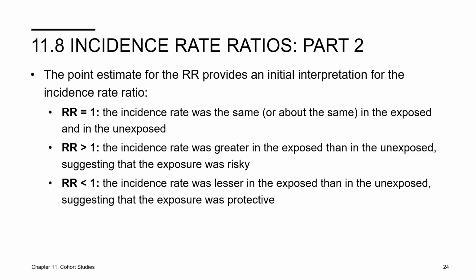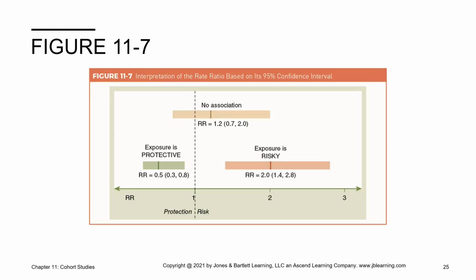If it's greater than 1, then there is a difference and the risk is greater in the exposed compared to the unexposed group, suggesting the exposure is risky. If it's less than 1.0, then you're suggesting that it's lesser in the exposed than the unexposed, and the exposure is protective.